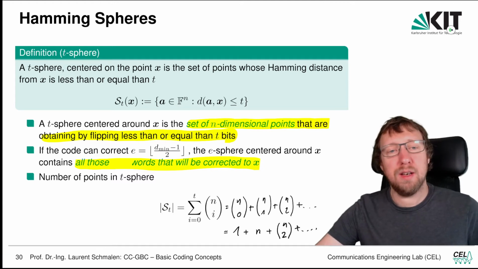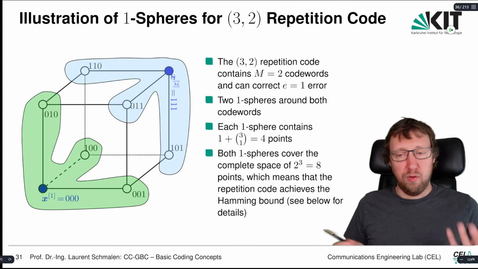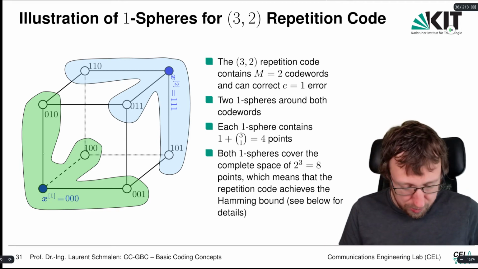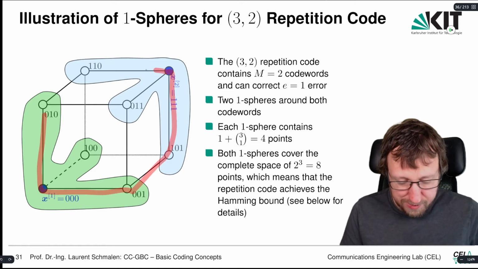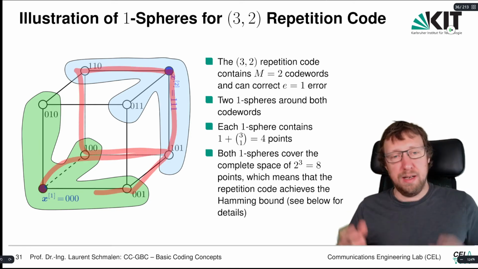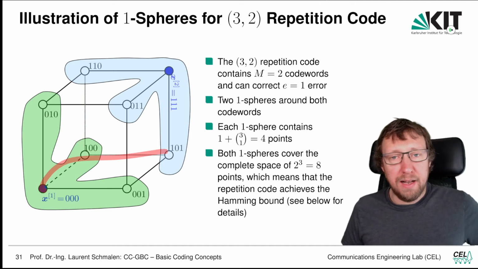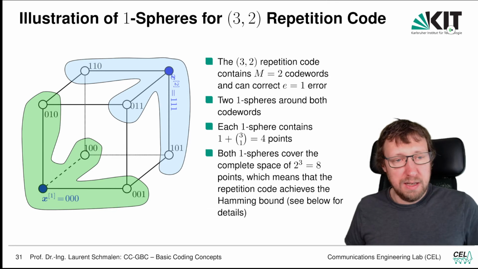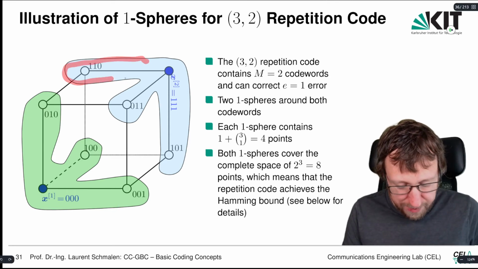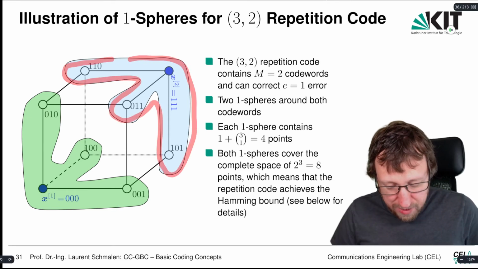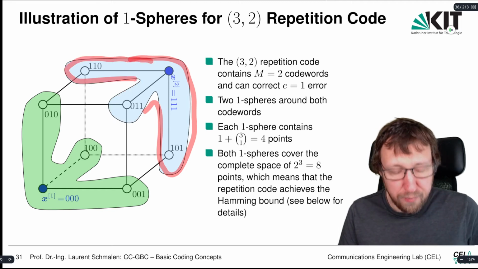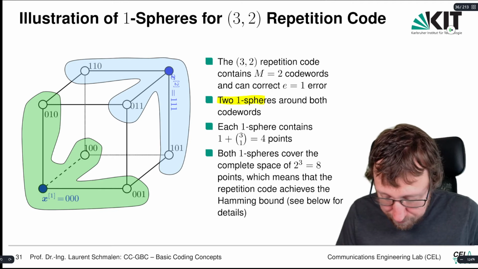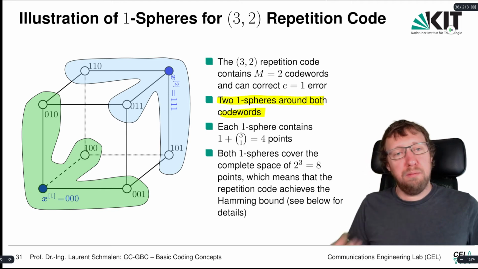With this, we can first visualize it. Here, for the repetition code, we have our subspace representation as a cube, and we put 2 spheres around the code words. This is my attempt to draw the sphere. This is the sphere of radius 1, so these are 1-spheres that we put around both code words.